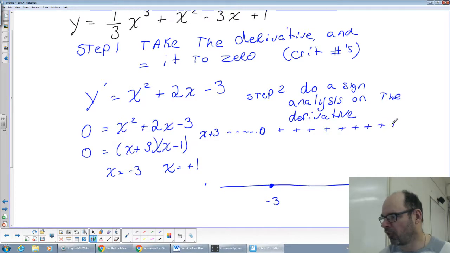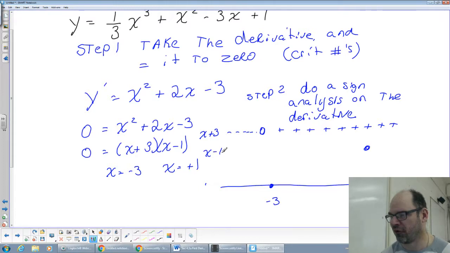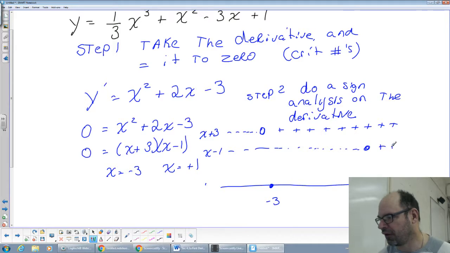Then I do x minus 1. That's 0 right here. That's where our two critical points are. And for x minus 1, if we're below 1, like 0, if we put a 0 in there, we have a negative 1 again, a negative value all the way up there, and then a positive value here.